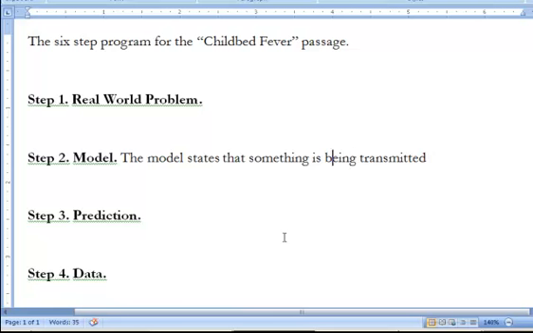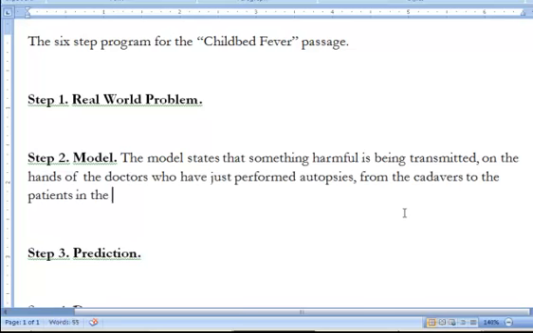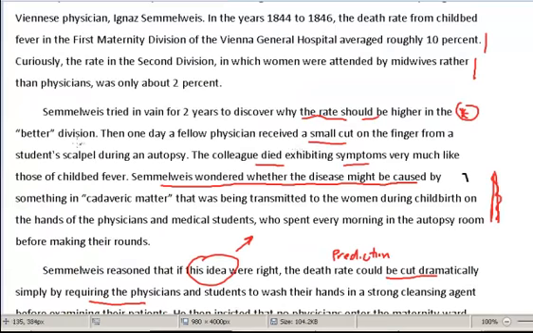Let's actually make this a little stronger. Okay, so if that's our model, that's our proposed solution or proposed explanation for this problem we said here.